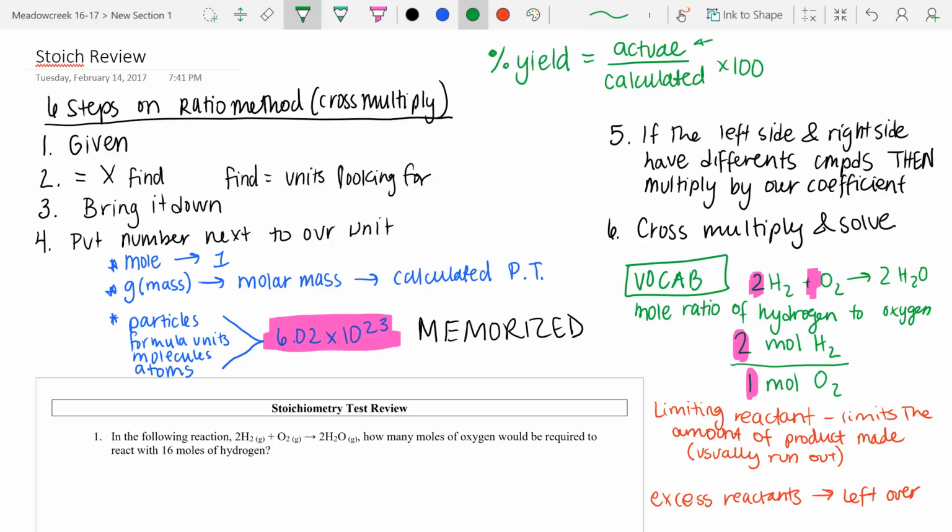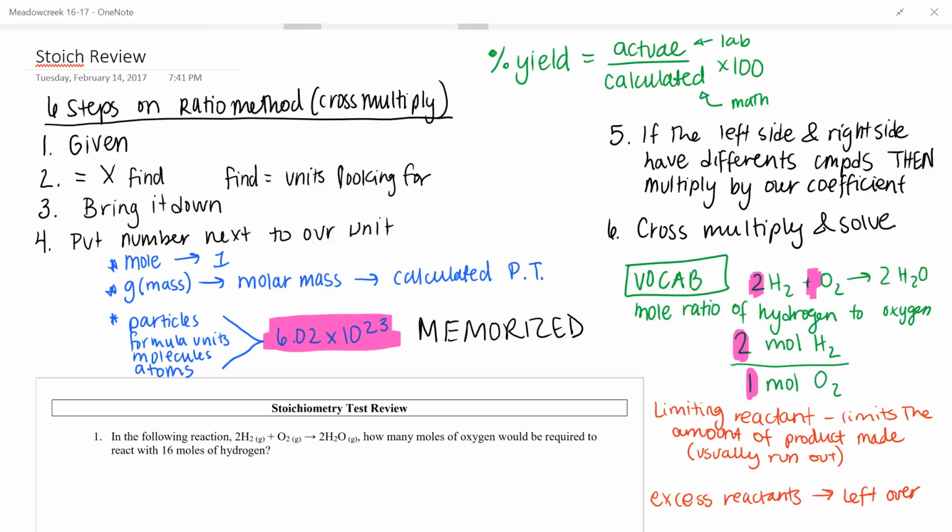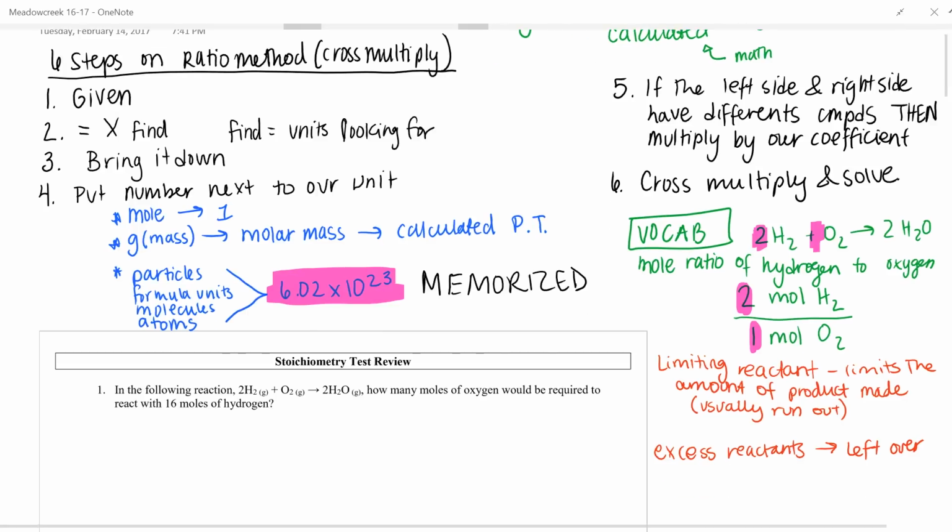So this you get in the lab, and this value you get from your math. Okay, this is usually done in your pre-lab of an experiment or something like that, but we will do a sample problem where we work with that in just a moment.